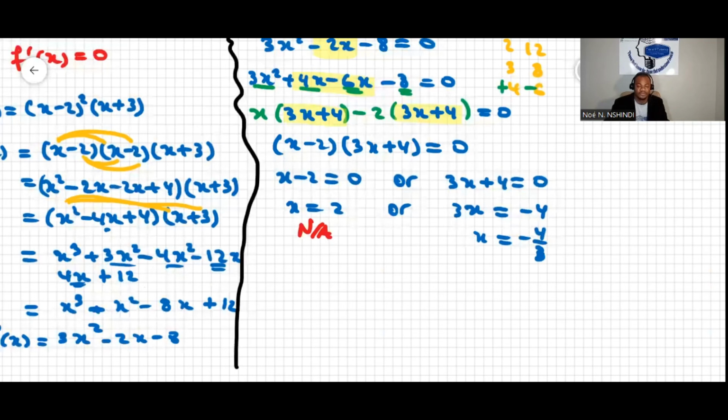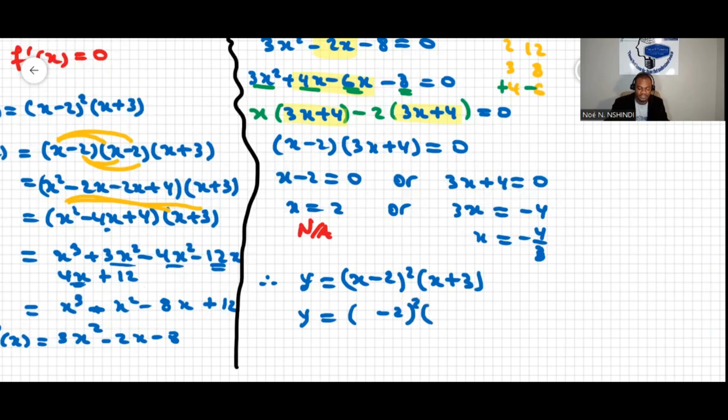Since x is equal to negative 4 over 3, y is given by f of x, which is x minus 2 to the power of 2, times x plus 3. Over here, we're going to substitute the value of x in order to find y. X is negative 4 over 3.